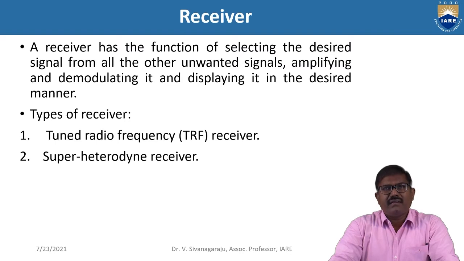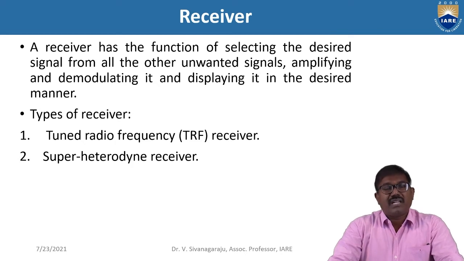So the main function of a receiver is selecting the desired signal from all the other unwanted signals. The desired signal is the wanted one, and all the remaining signals, other than the desired signal, we call unwanted signals.